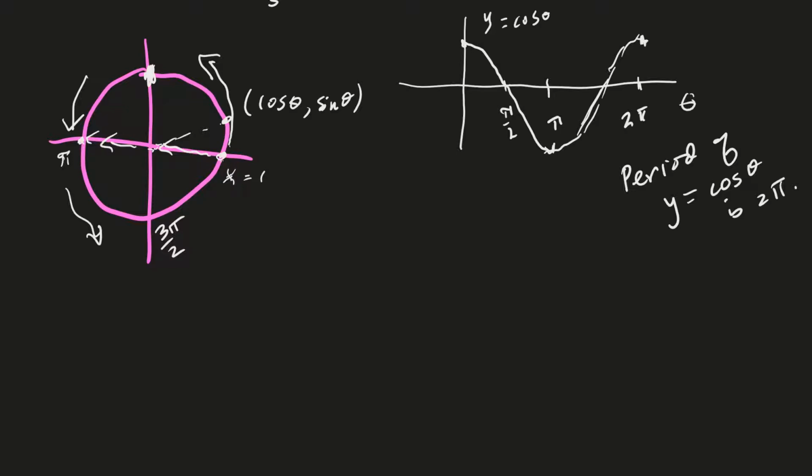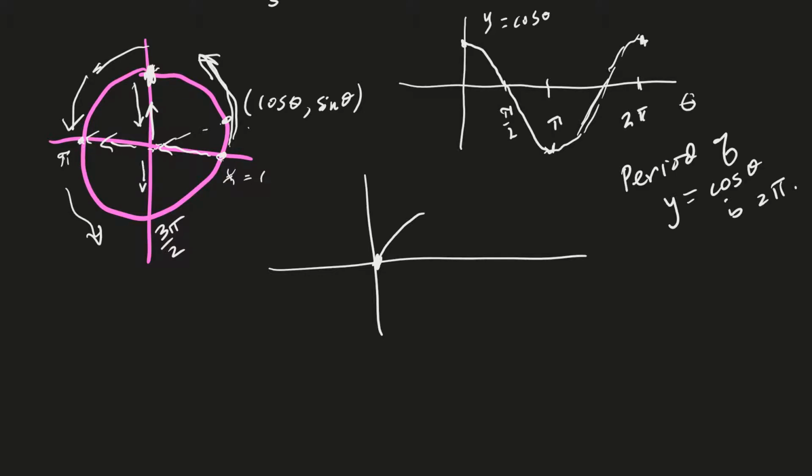Okay, so similarly, if we were to graph the sine function, we start at 0, that's the y-coordinate. Then as we rotate counterclockwise, what does the y-coordinate do? The y-coordinate increases, right? So we start at 0, the y-coordinate increases to 1, and then as we continue across, the y values go down, right?